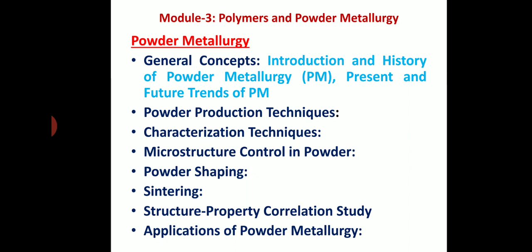In the characterization techniques, we need to study the particle size and shape distribution, interparticle friction, compressibility, powder structure, chemical characterization, etc. And in the microstructure control in powder, we need to study the importance of microstructure study, microstructures of powder by the different techniques.